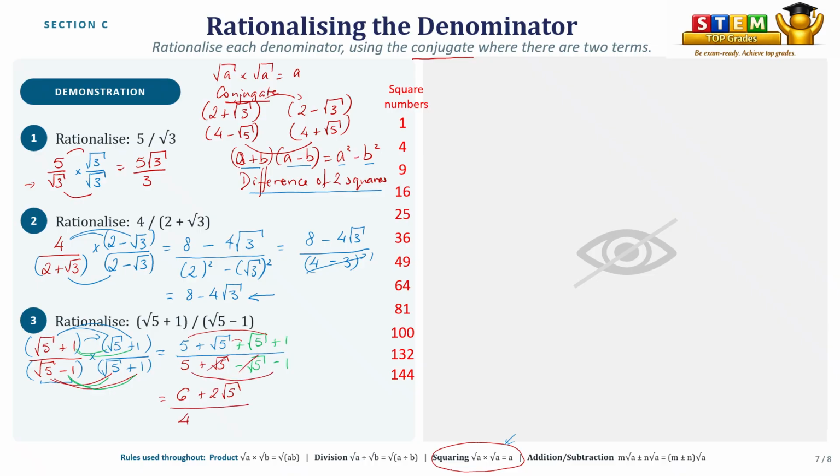Okay, you can say that this is the answer, or you can factorize here: 2 multiplied by 3 plus root 5, and then you've got 4 over here. So 2 and 4 have got 2 in common. 2 into 2 is 1, 2 into 4 is 2. So the simplest form of this answer is going to be 3 plus root 5 over 2.